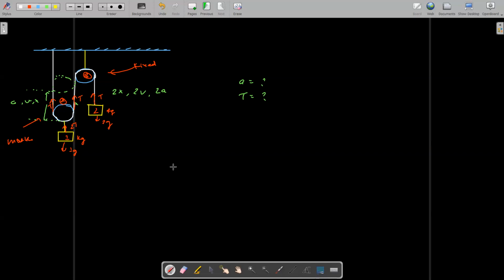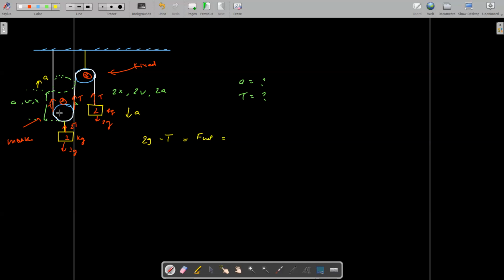Looking at these forces, we can frame certain equations. If we take the second system, here the acceleration is obviously acting downwards. Let's take the downward direction. Then 2g minus T will be equal to mass into acceleration, F net equals mass into acceleration.